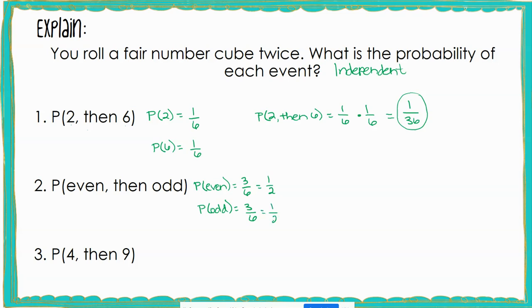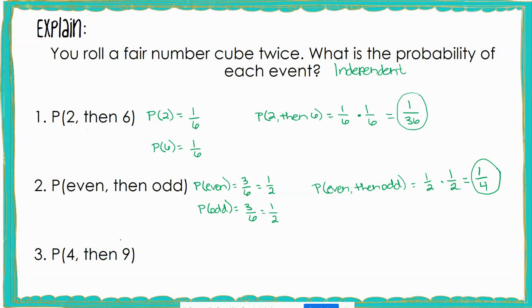Again, 3/6 simplifies to 1/2. So if I am going to find the probability of an even followed by an odd, I would take both of those probabilities, which in this case is both 1/2, and multiply. Well, 1/2 times 1/2 is 1 times 1, which is 1, and 2 times 2, which is 4. So the probability of landing on an even, then an odd, is 1/4.